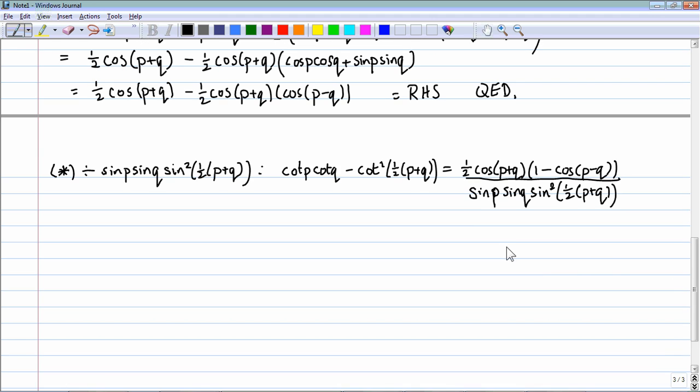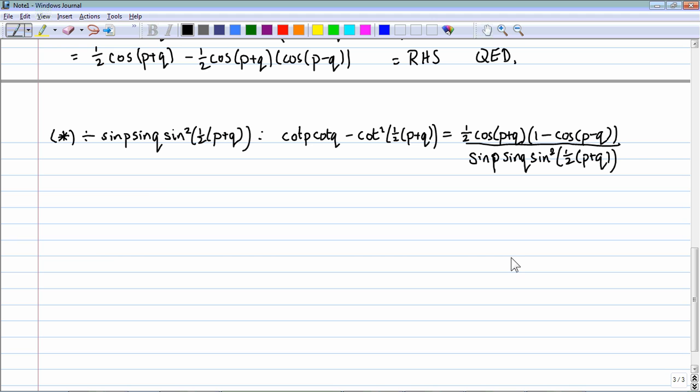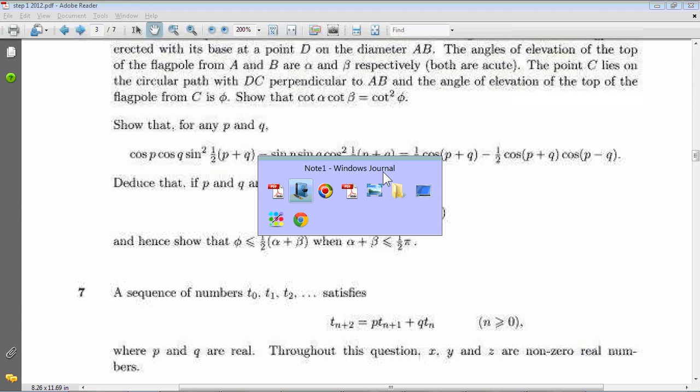Okay, now it's given that p and q are both positive, and p plus q is less than or equal to pi over 2. Therefore sine half p plus q, well, let's just say half p plus q, sorry, did I get that right? p plus q less than or equal to pi over 2.